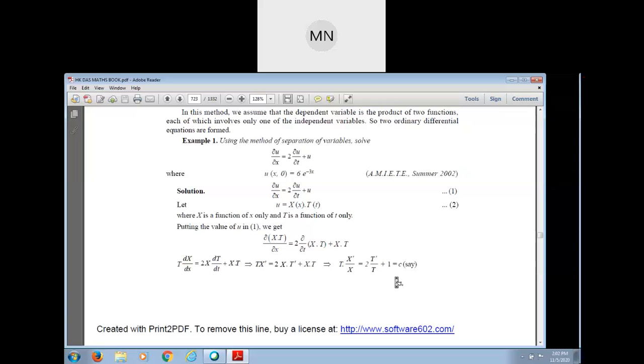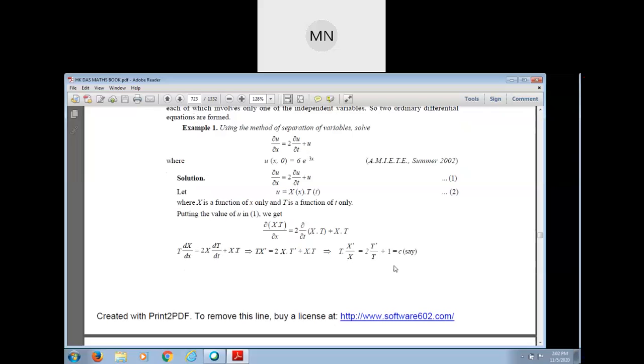Now Partha, tell me in which line you are confused. Second line, please. Again, this line. Del X T by del x. See the original equation. Original equation is what? Del u by del x.